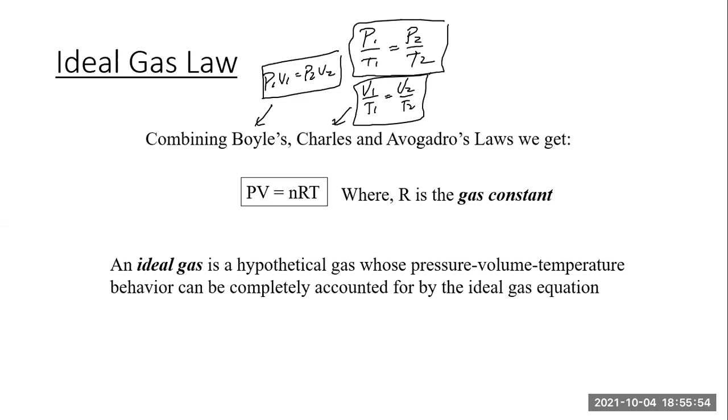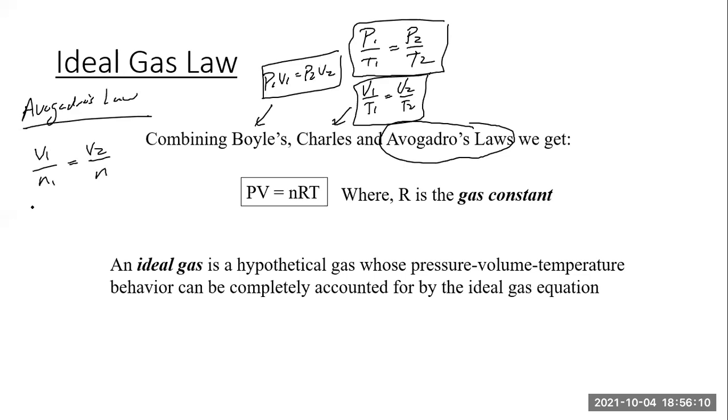And our good friend Avogadro, who has a number, he also has a law, and Avogadro's law is actually V1 over N1 is equal to V2 over N2.